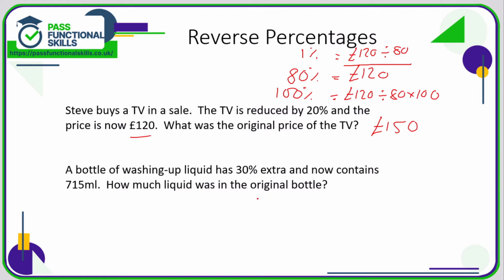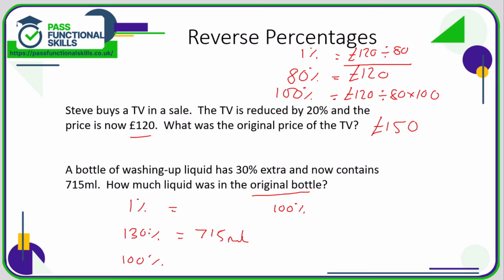If we consider that the original bottle had 100%, and this new bottle has 30% extra, so 30% on top of the 100, that therefore means that 130% equals 715 millilitres. Again, we're going to do the same thing. We are going to work out what 1% is and then go from there to the 100%.